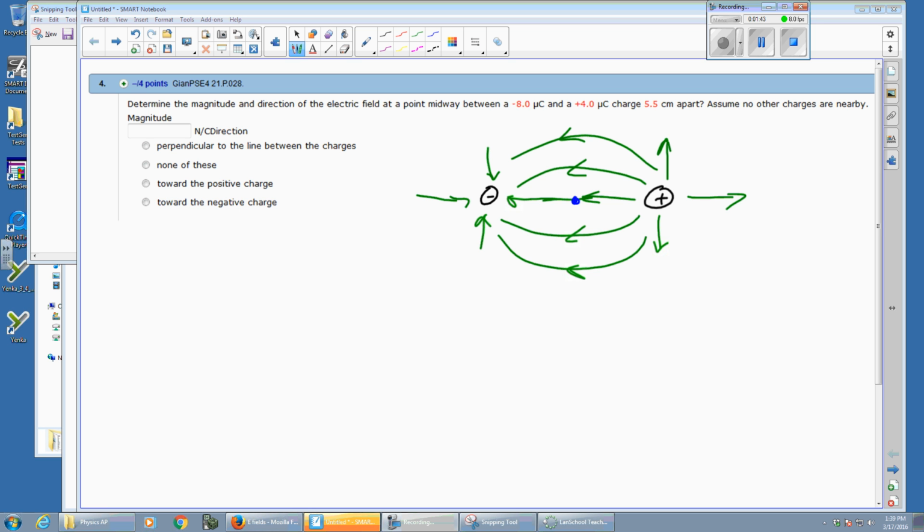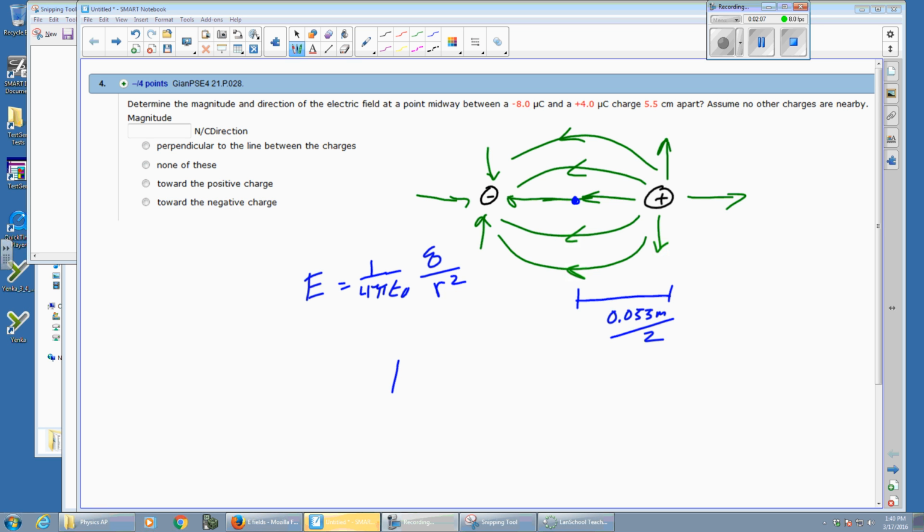Since it's halfway, each of these is going to be 0.055 meters over 2 away, and you would use E equals 1 over 4 pi epsilon naught Q over R squared.